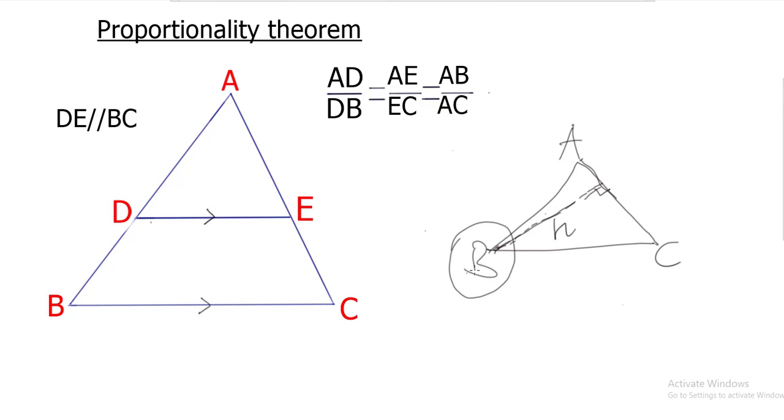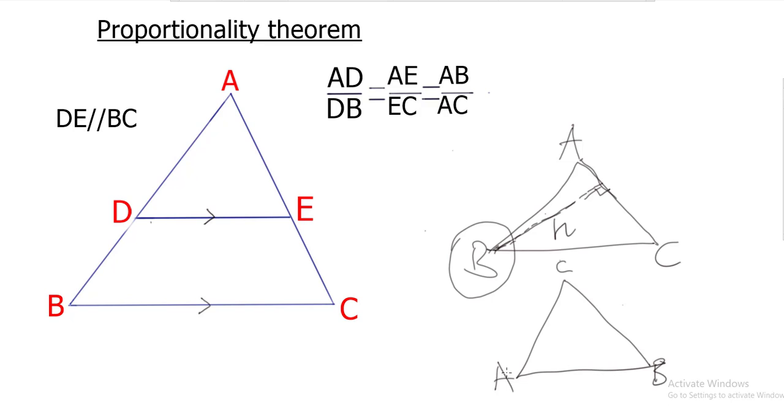Some people want to see the base only on the top, because when you're looking at the board, you see this is on the top, so they say this is my height and this is the base.